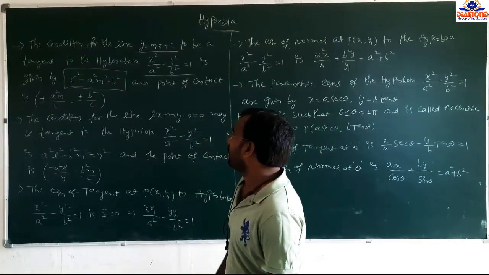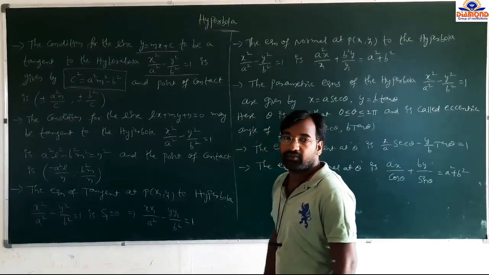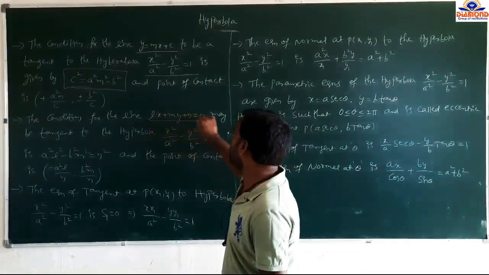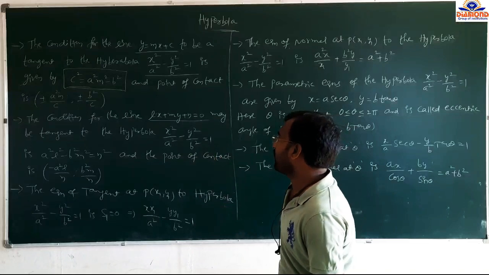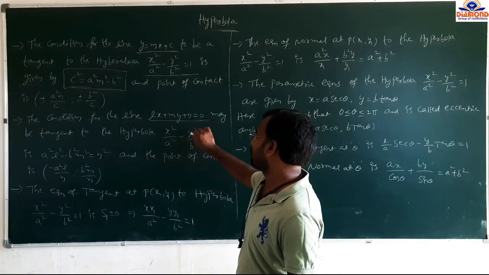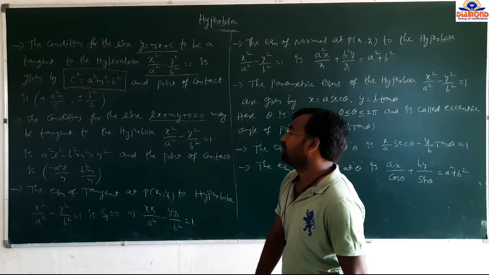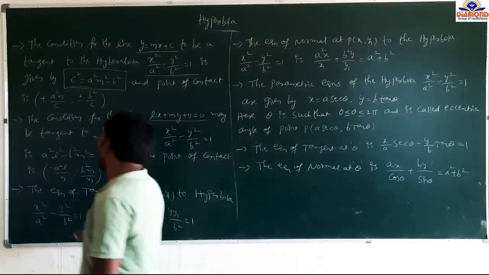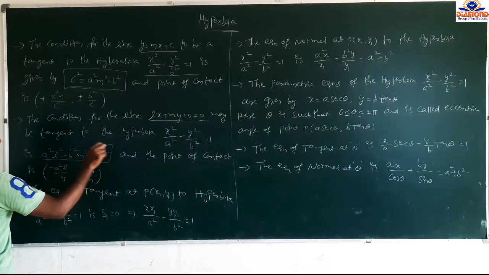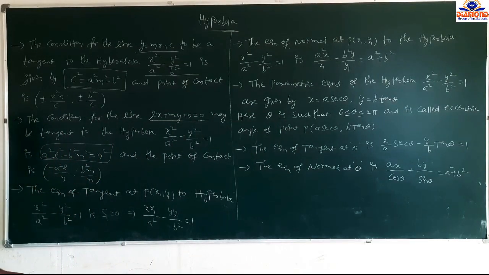Next, the condition for the line Lx plus My plus n equal to 0 to be a tangent to the hyperbola x square by a square minus y square by b square equal to 1 is a square L square minus b square m square equal to n square, and the point of contact is minus a square L by n comma b square m by n.